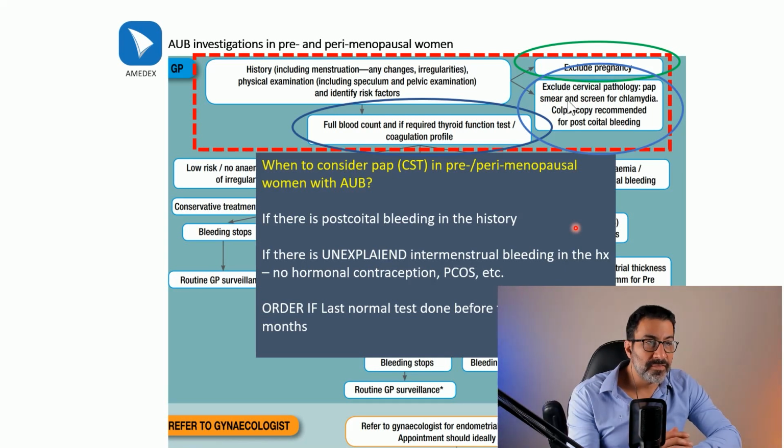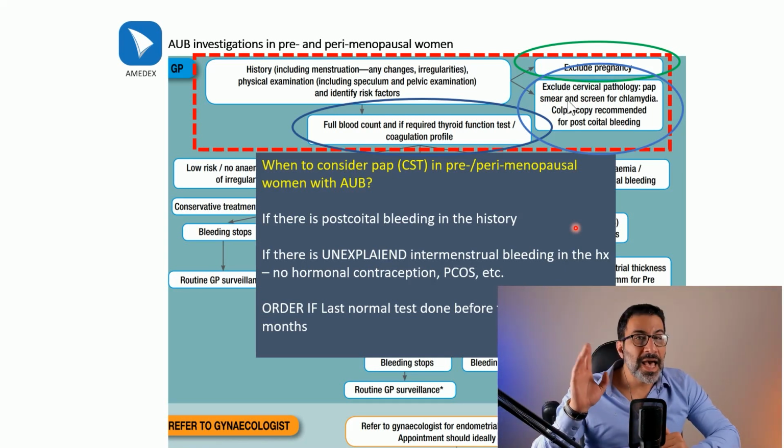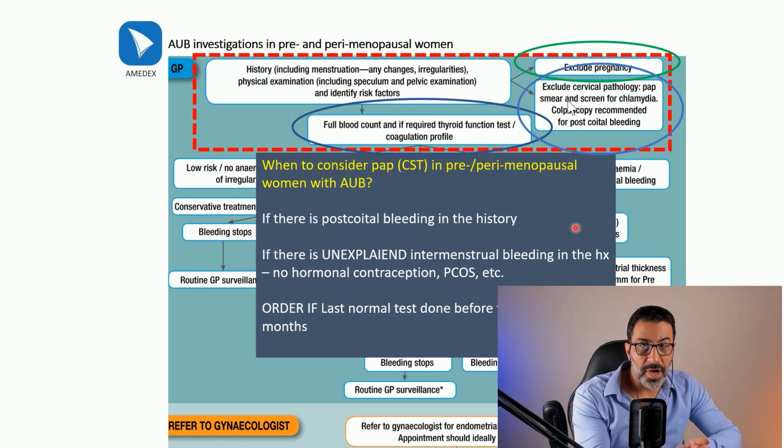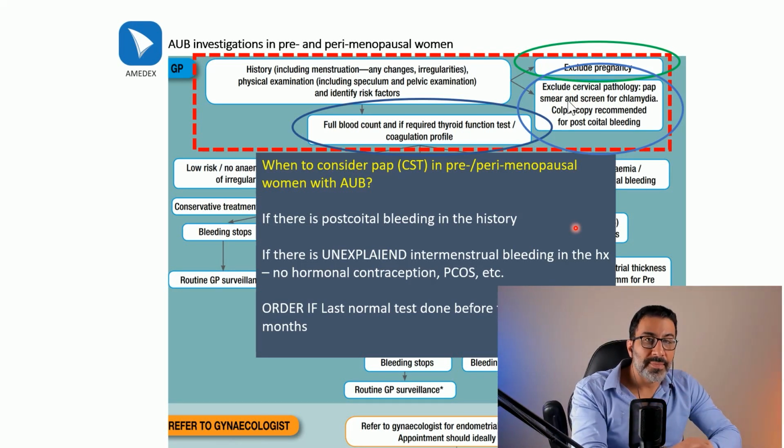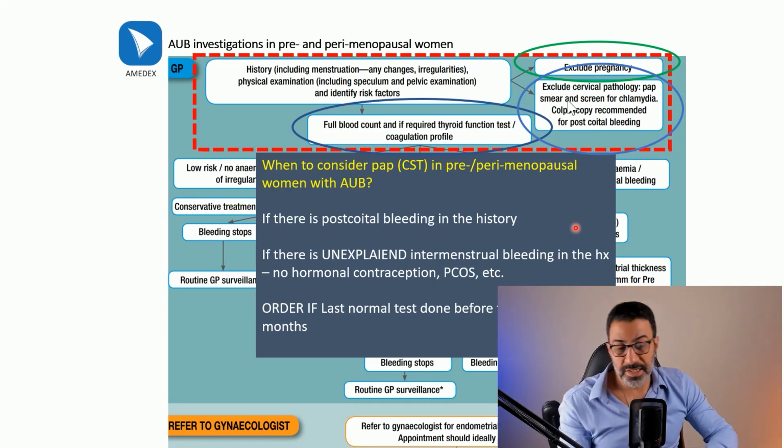I mean that if the patient had a pap smear done 12 months ago and the results were normal, and she's having postcoital bleeding or unexplained intermenstrual bleeding now, regardless of the normal result, we want to repeat the pap smear or CST again. This is very important to understand and consider.